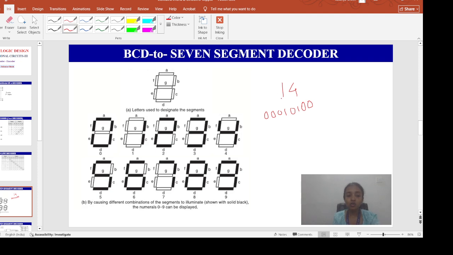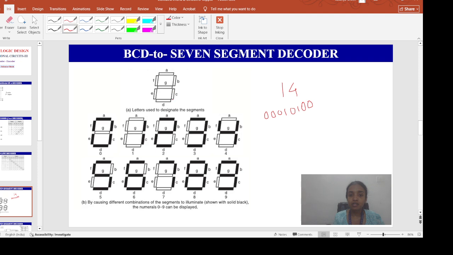Okay, so sometimes in hexadecimal, characters A through F may also be produced. Okay, so here you can see this is a 7 segment display. In each case you can observe here, when I want to glow 0, how many bits are here?